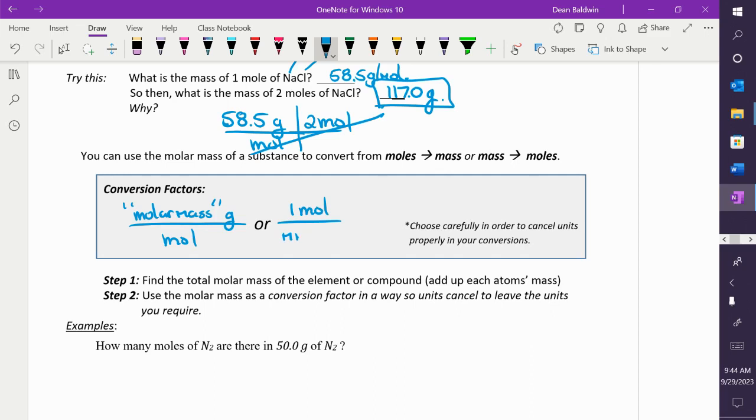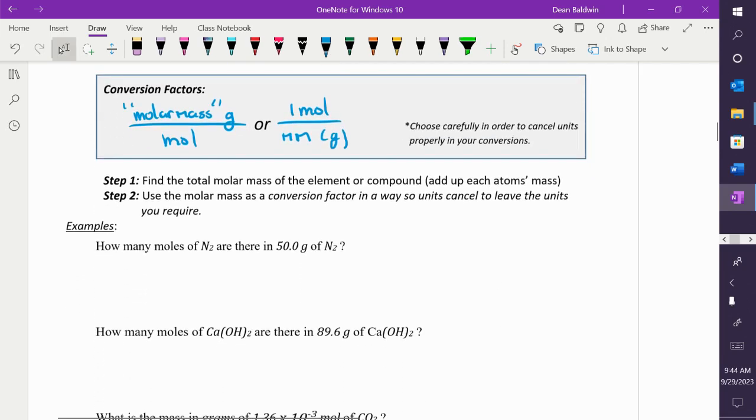That is the actual notation. Mm, which is in grams. So just like we did with Avogadro's number, we can flip them upside down depending on what we want to cancel, right? In this one, I had it as grams per mole. I was using this one because I want the moles to cancel. All right?